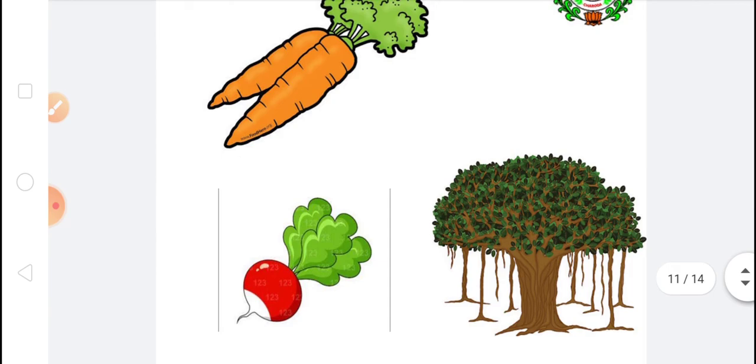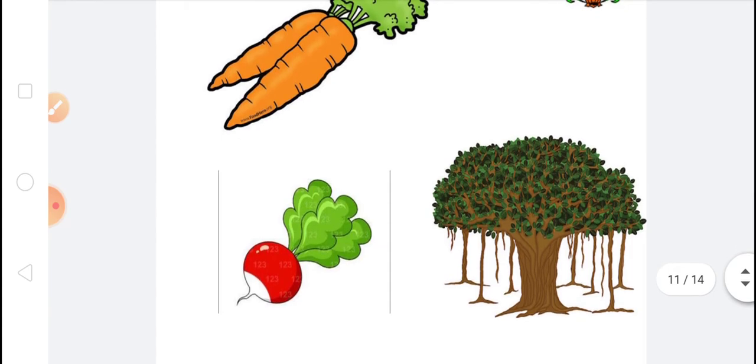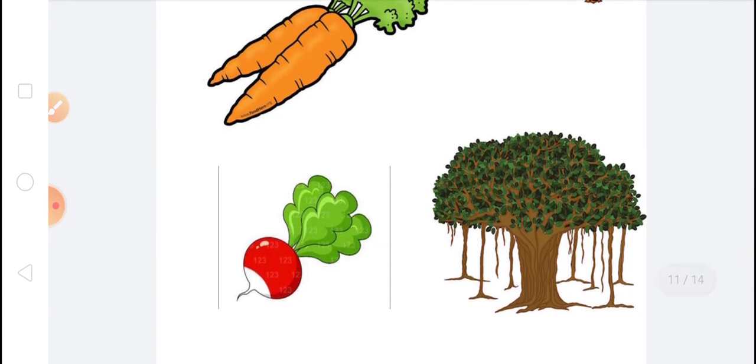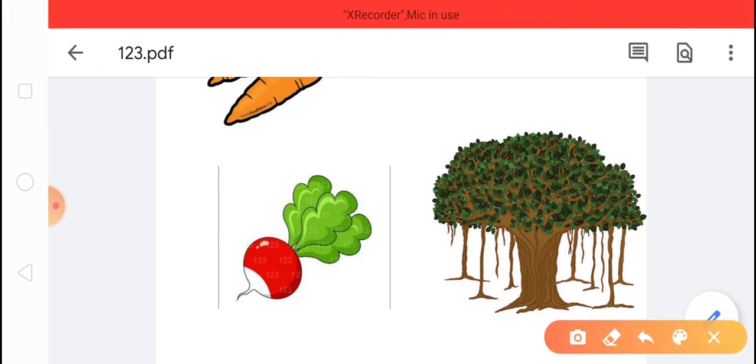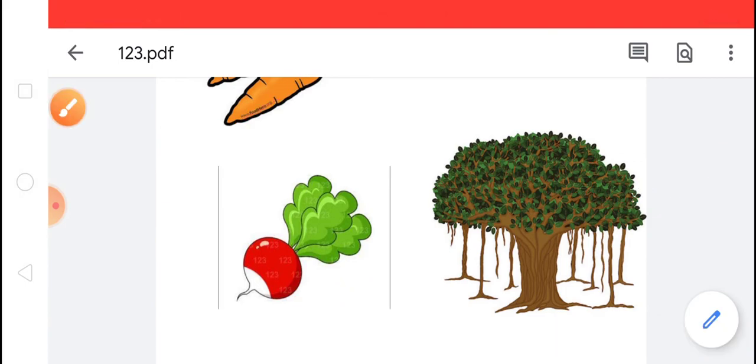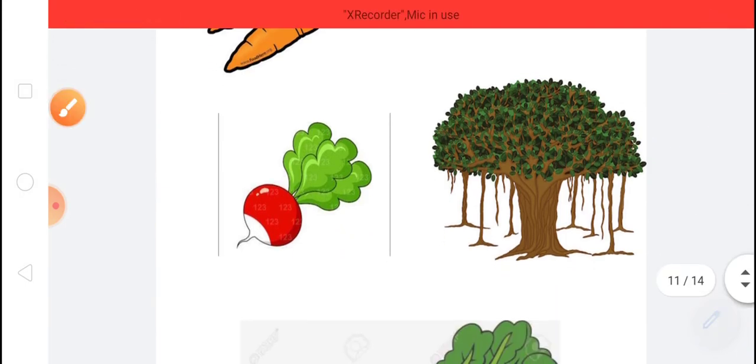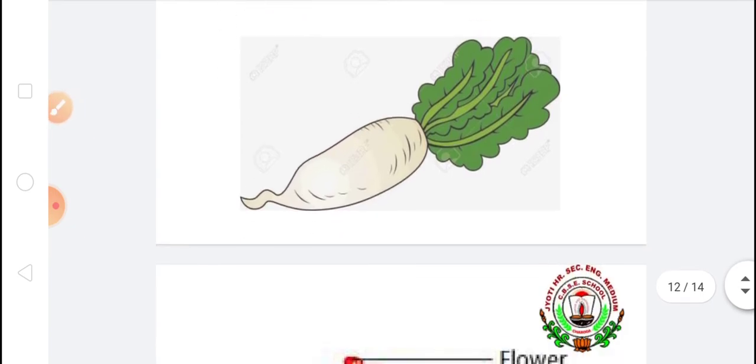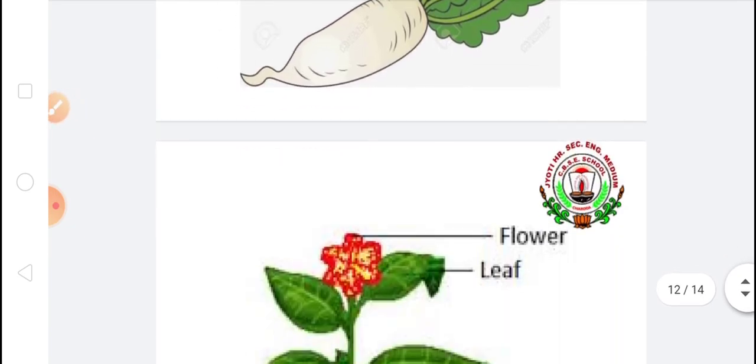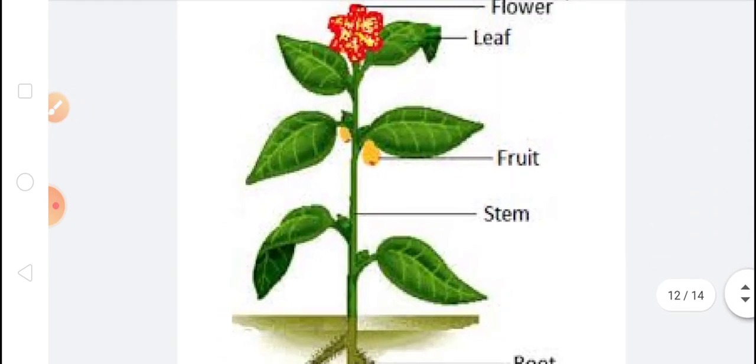We have studied the modification of roots. Roots are modified to store food, like carrot, radish, turnip, etc. Roots are also modified to give extra support to the plant, for example, the banana tree. You can see in the picture. The stem keeps the plant upright.